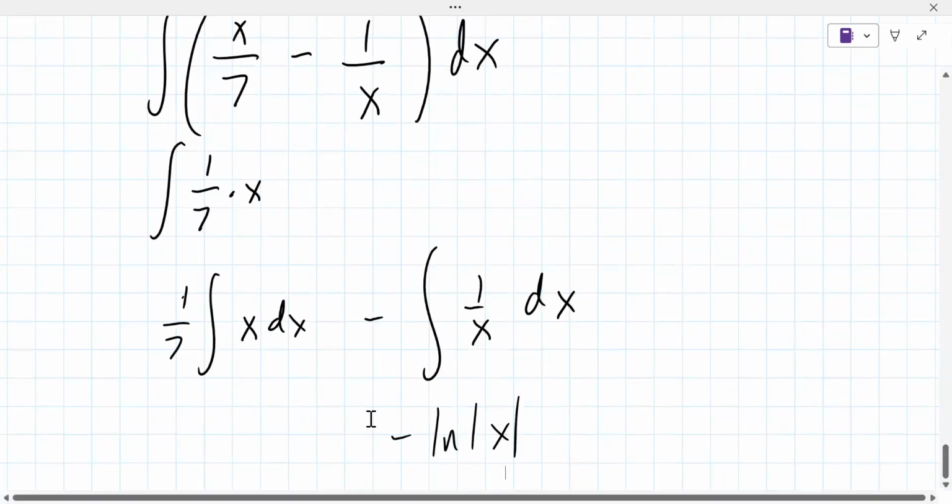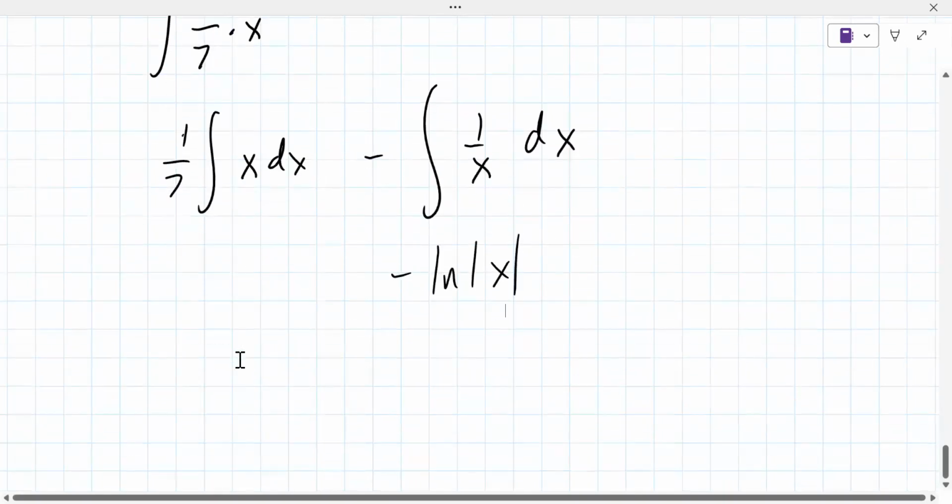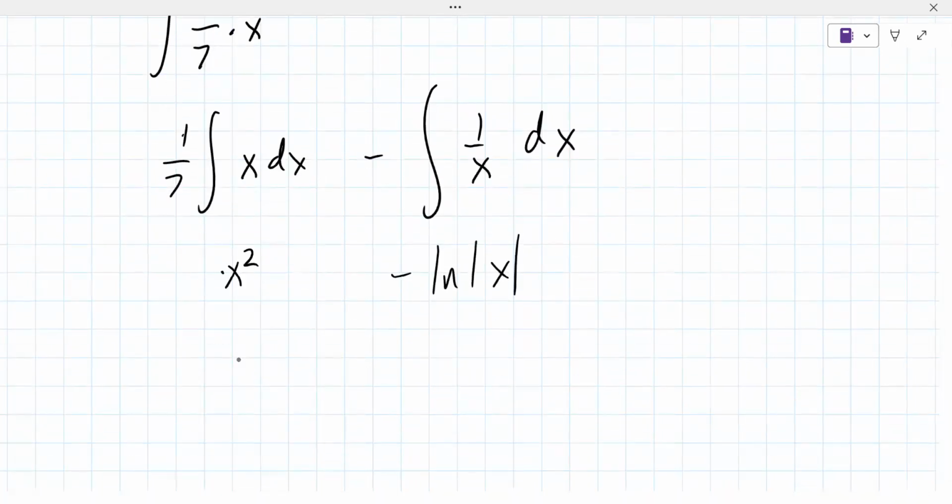What does this first one become? 1 over 7 times x squared over 2. Okay, good. So it becomes x squared over 14.